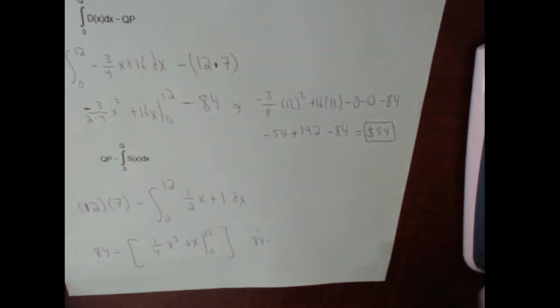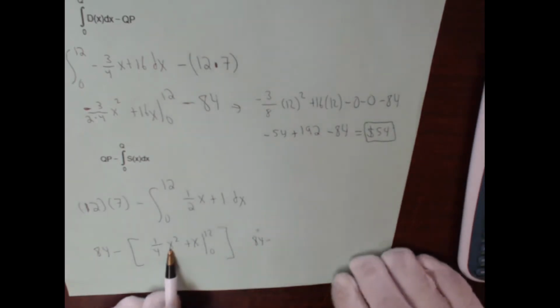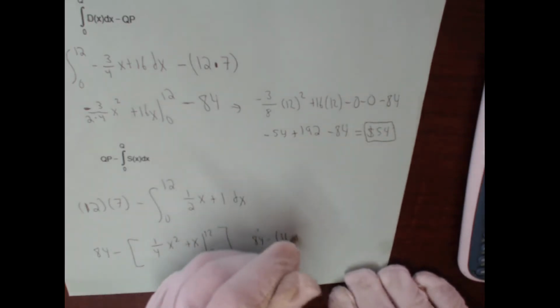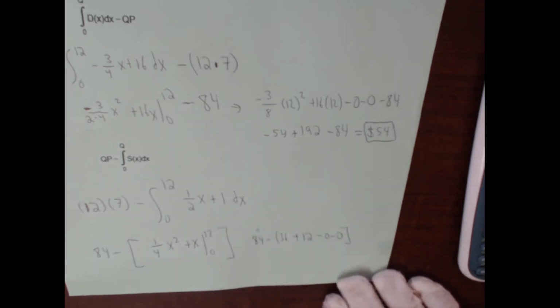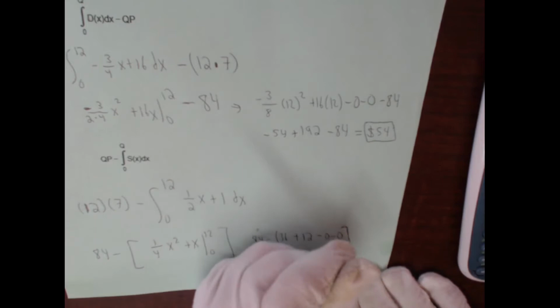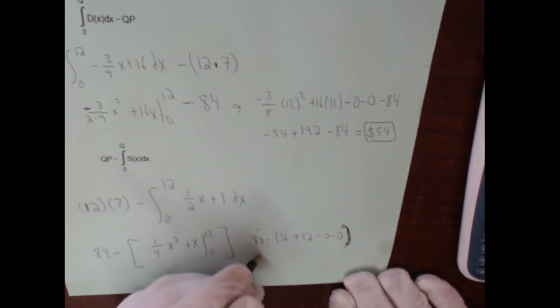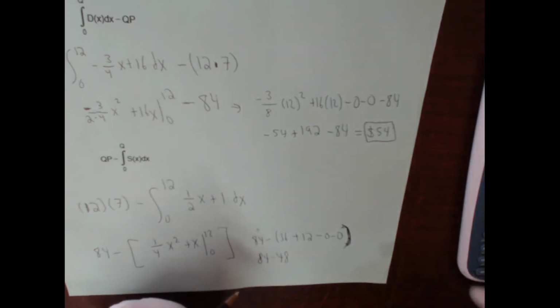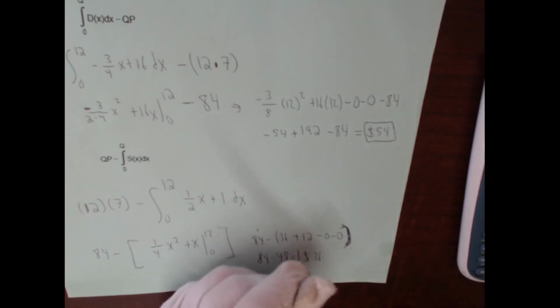So 84 minus, that's going to be 144 divided by 4, which is 36, plus 12 minus 0 minus 0. And that's evaluating it. And so it's going to be 84 minus 48, which is equal to $36. And that's the answer.